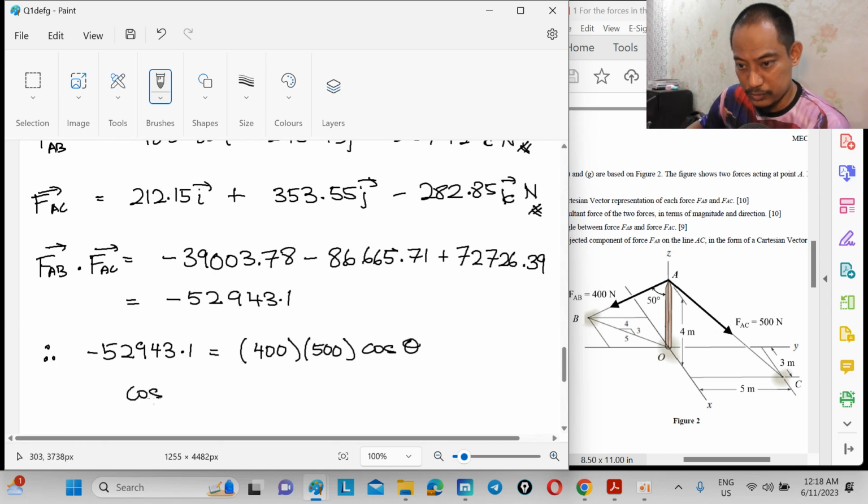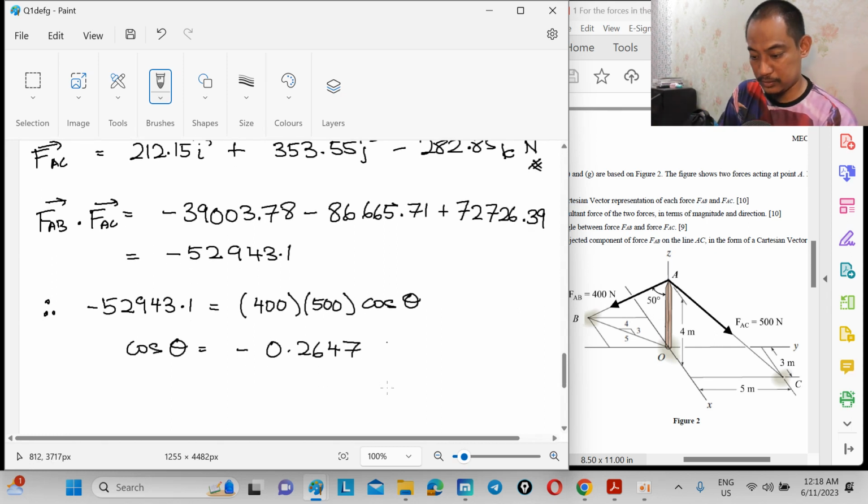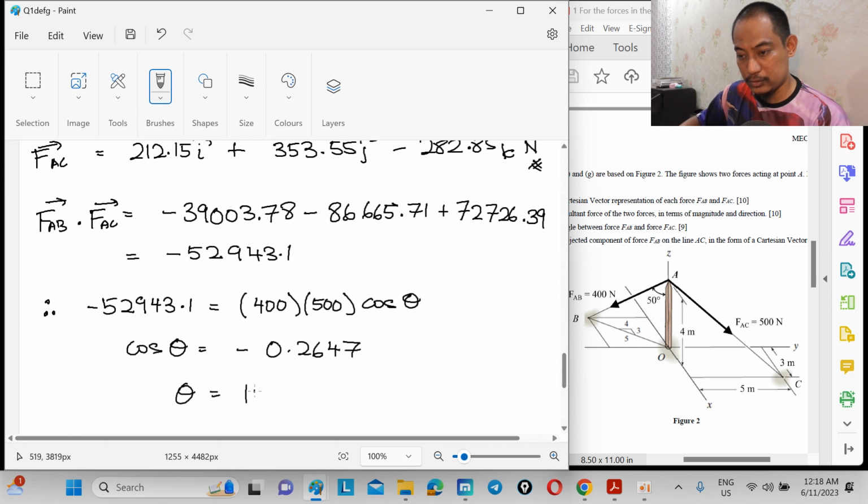So cos theta equals minus 52943.1 divided by 400 divided by 500, so you get minus 0.2647, meaning theta is 105.4 degrees. This is the angle between them.